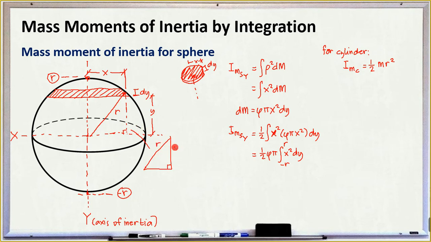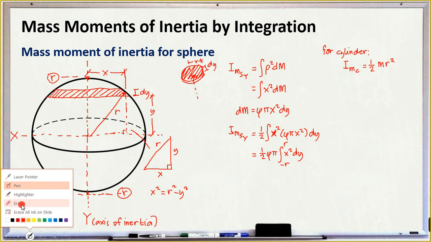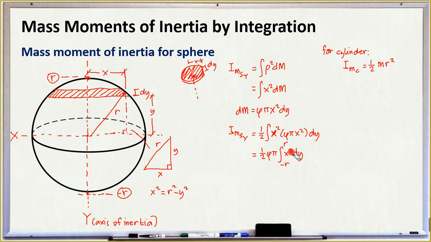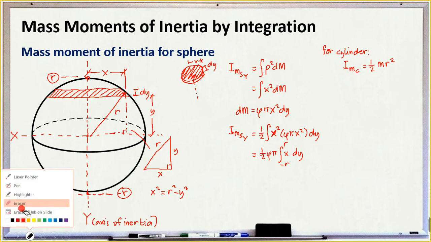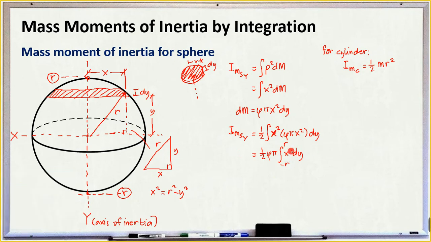This one is r, this one is y, and this one is x. Therefore, x squared is equal to r squared minus y squared. We have a mistake here. This is not x squared, this is x to the fourth, because there are two x squared now. So x to the fourth.